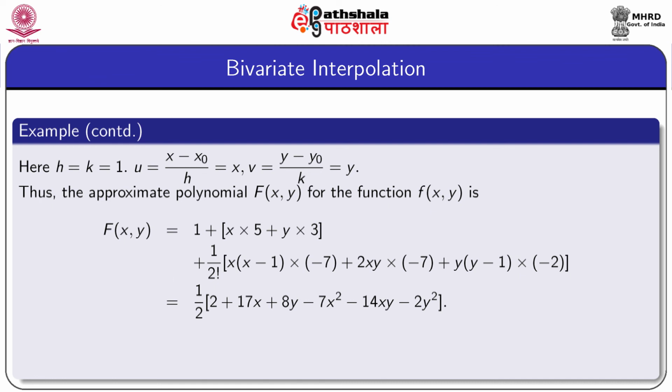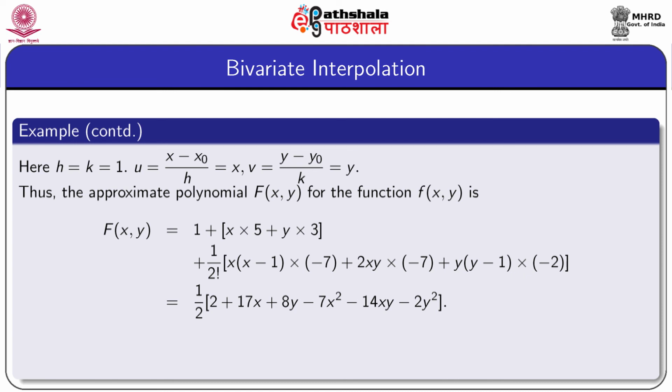So, for this case h and k are equal to 1, u equal to x minus x0 by h, this is equal to x because x0 is 0 and h equal to 1. Similarly, v equal to y because v equal to y minus y0 by k gives y since y0 equal to 0 and k equal to 1.